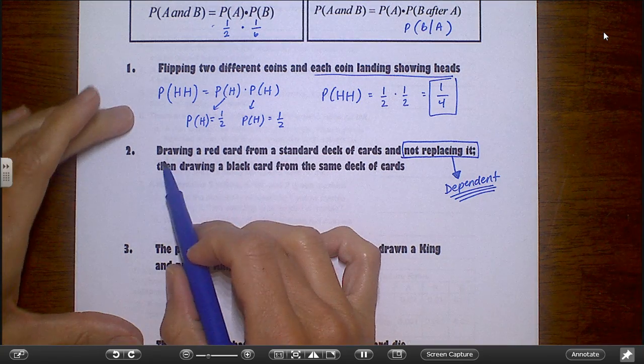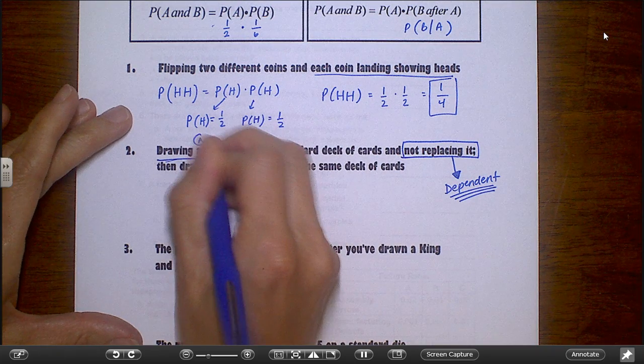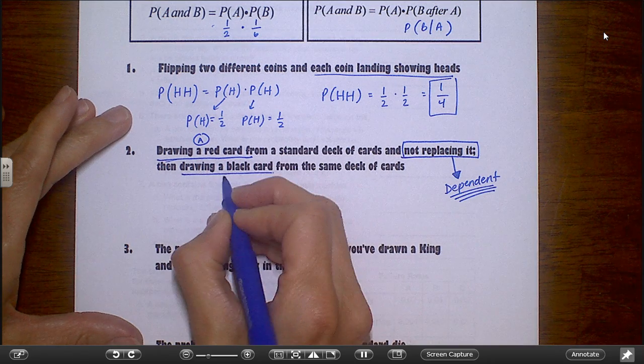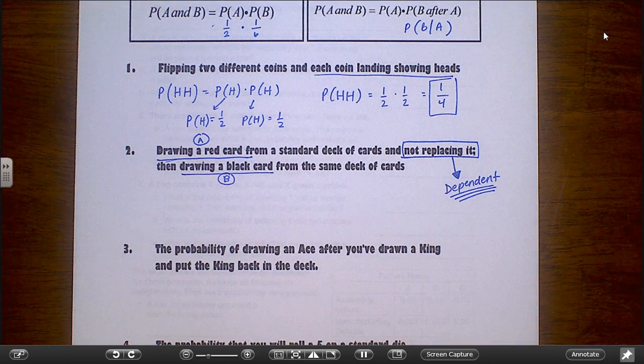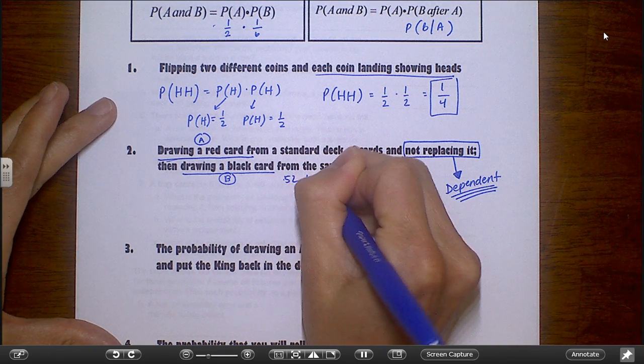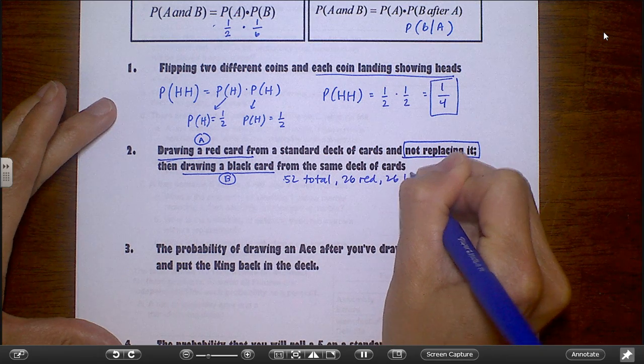All right, so drawing a red card. So this is the first, so that's my A. Not replacing it, then drawing a black card, so that's B. So remember, we have to remember how our cards work, right? So we have 52 total cards, and there's 26 red, 26 black, right?